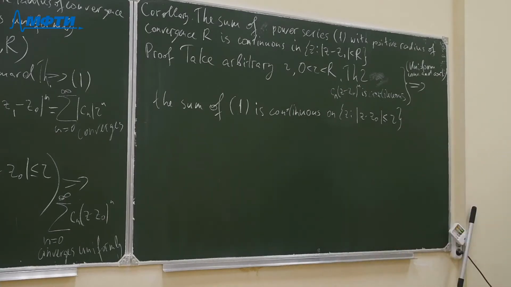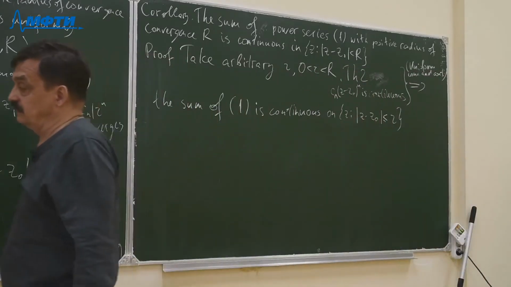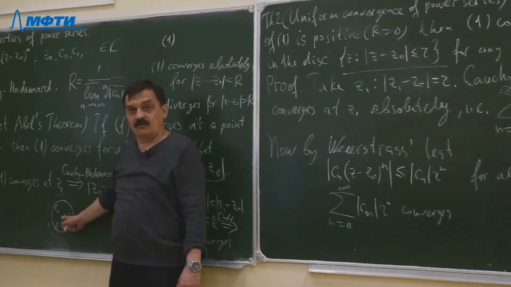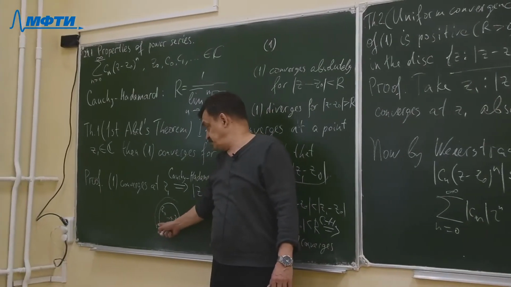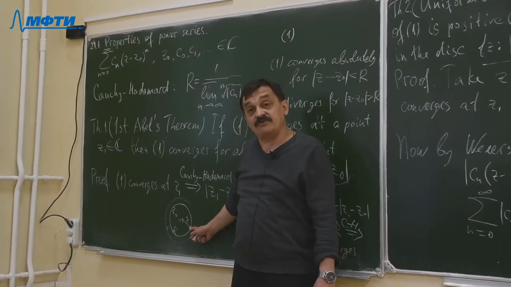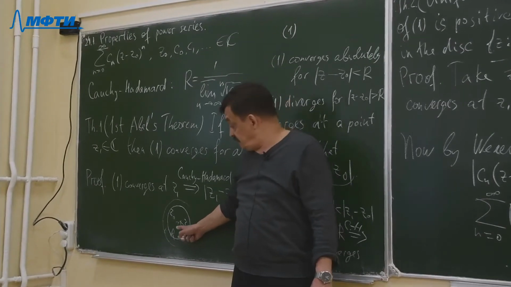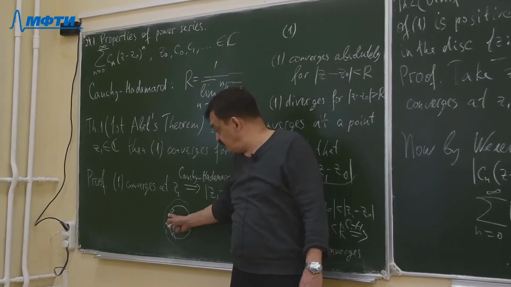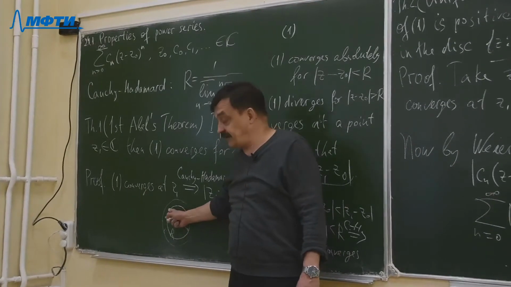And now look, it's easier to understand geometrically. We have such a picture. For arbitrary little r, which is strictly less than capital R, we have a continuous function on the closed disk.